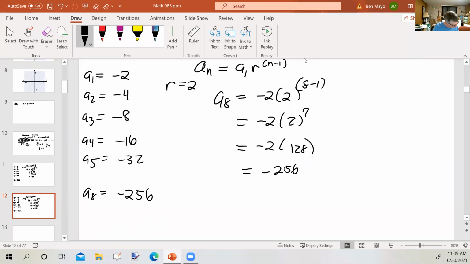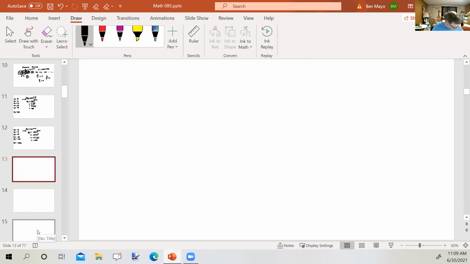Okay, let's take a look at one that's not quite so nice. This says, again, the same thing, the first 5 terms of a geometric sequence and the specified term. So our formula, a sub n equals a sub 1 times r to the n minus 1 power.